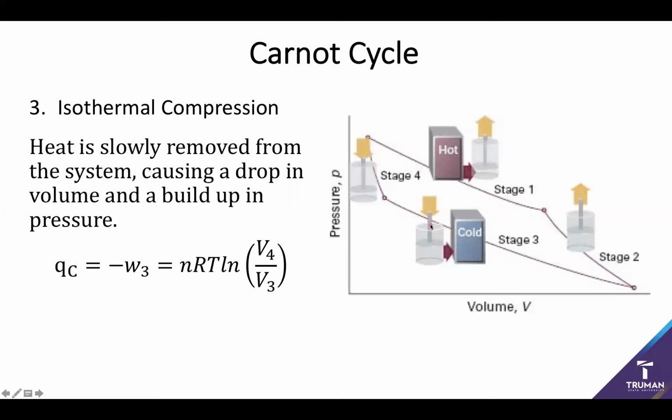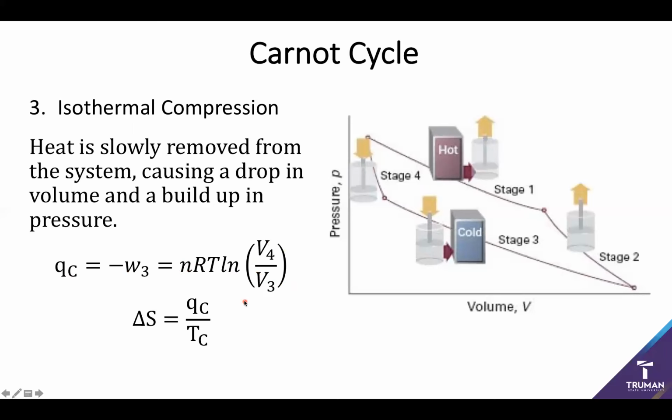So again, all energy coming in is essentially just leaving in a different form. And again, using what we know of isothermal reversible compressions, we can go ahead and relate the amount of heat leaving the system to the difference in the volume.